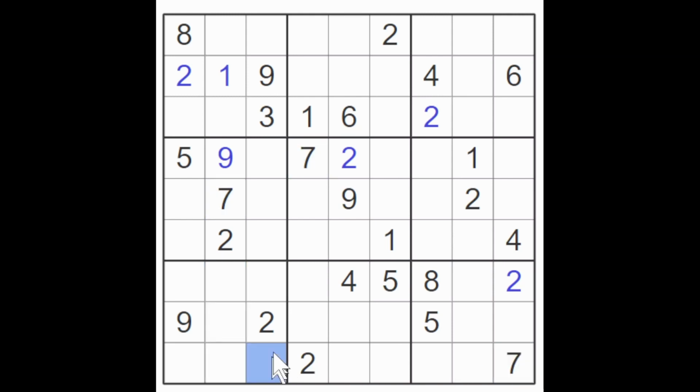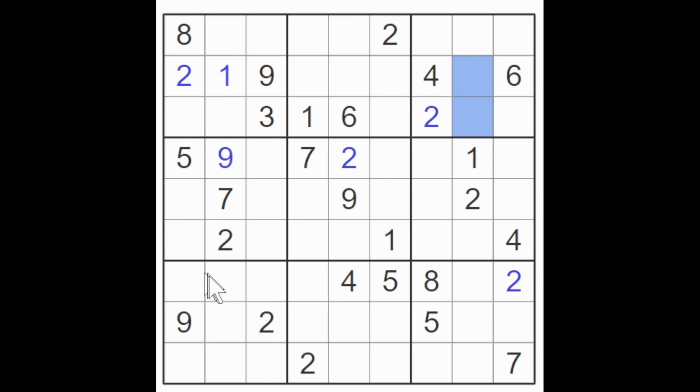See, the 7 is blocking these cells, and the 7 here blocks these cells. So one of these two must be a 7, and therefore one of these two. One of these must be an 8, because one of these will have to be a 7 or a 9, and there's an 8 here. So one of these is an 8, and given the 8 up here, now one of these two is going to be an 8.